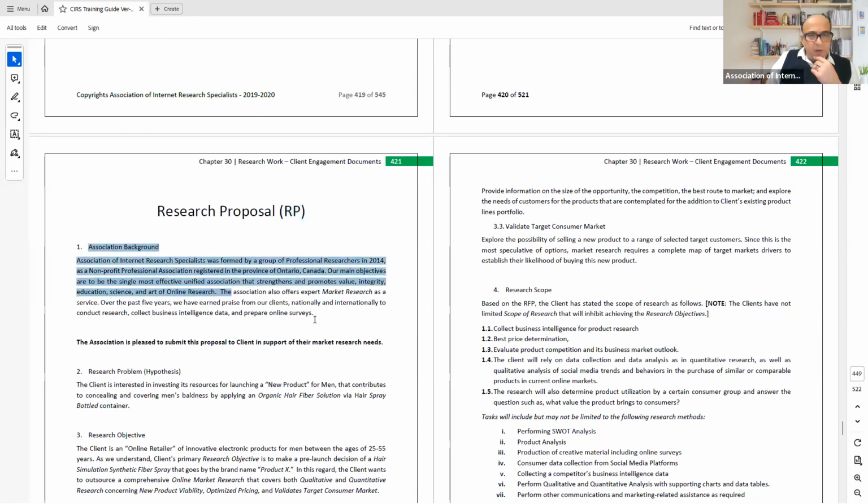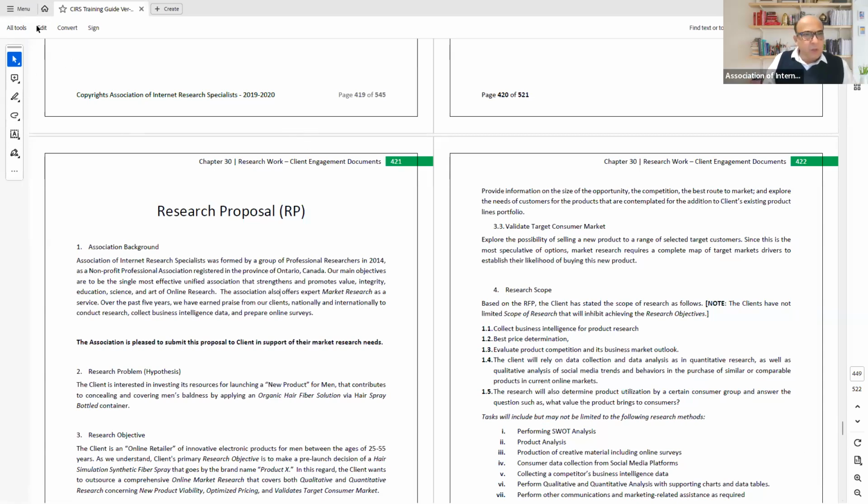So association's background, you're going to give your background of the company, and then you will have to redefine the problem in a more professional way so that it appears that you are not only professional in using the correct terminologies, but you are translating the intent behind the scope that is drawn by the client so that it can be articulated in a more definitive sense.